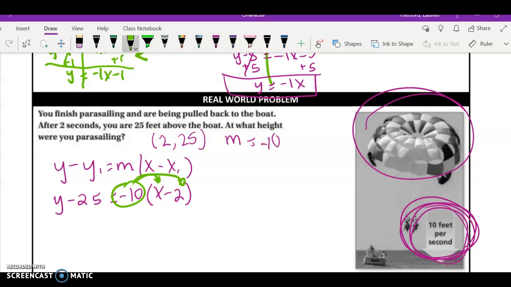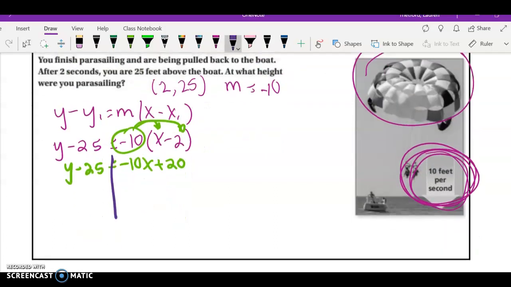So I'm going to find my y-intercept, which means I need to put it into slope-intercept form. So I'm going to distribute that negative 10 through the parentheses. So I have negative 10x plus 20 and bring down the other side of that equation I haven't touched yet. Then I need to solve for y. So I'm going to add 25 to both sides. And when I add it to both sides, I combine those like terms that both don't have an x.